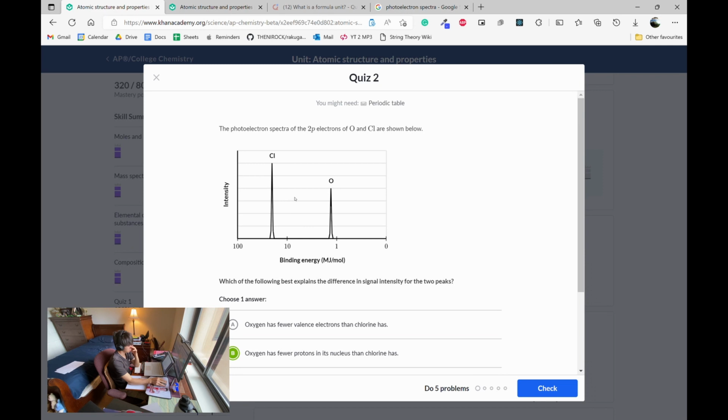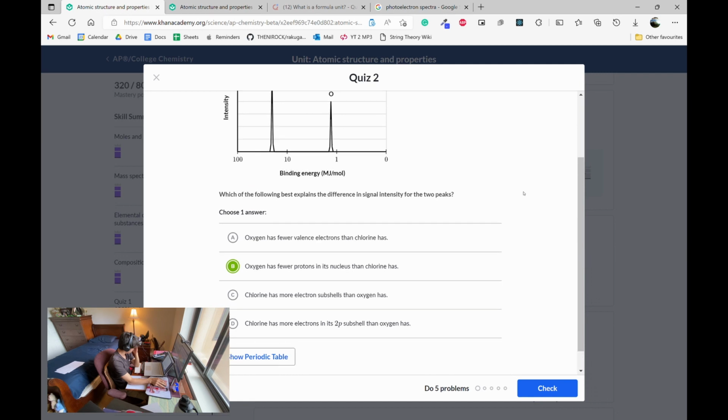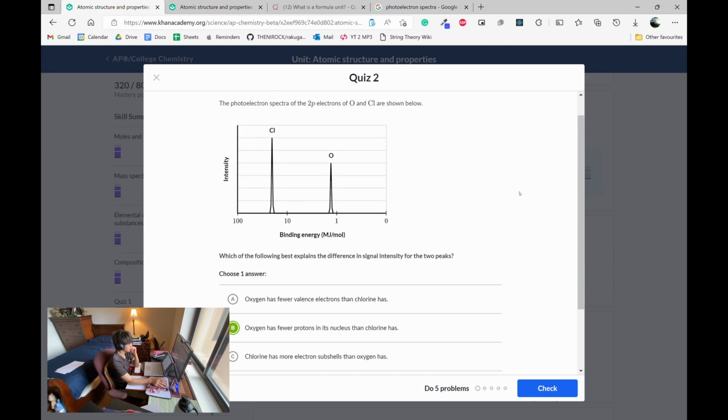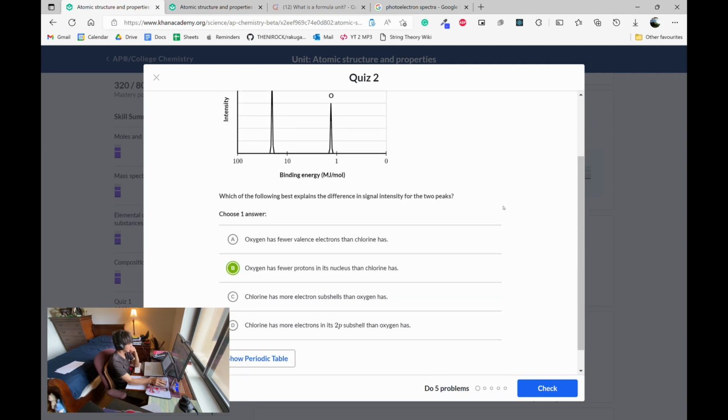No. Chlorine has more electrons in its 2p subshell than oxygen, but that's not why the signal is different. Like you could have heaps of electrons, but if your positive charge is the same, maybe even the electrons would repel each other, so.